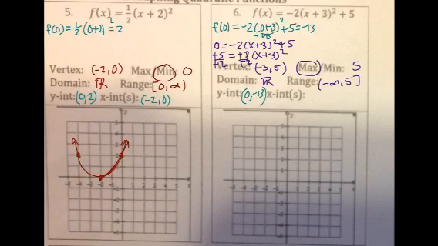So we're going to take the square root of both sides. So you have plus or minus the square root of 2.5 equals x plus 3. And so you subtract 3 from both sides. So -3 plus or minus the square root of 2.5 is x. And right here you have your two x-intercepts. Okay?